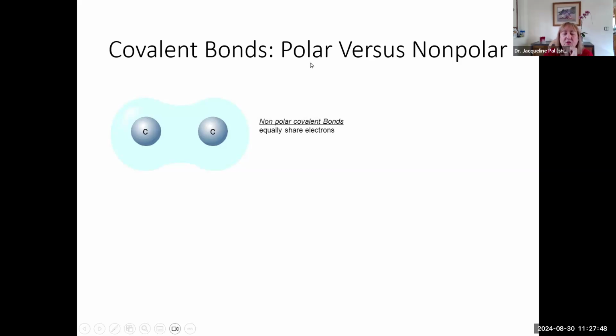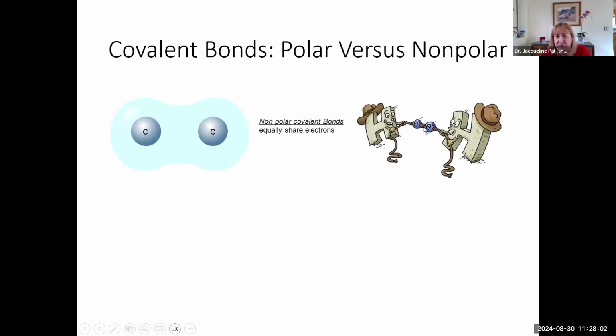We can divide them into 2 different types, whether they are polar or nonpolar. So nonpolar means the bonds are equally being shared. And so when they're equally being shared, that means there is no net negativity or net positivity.